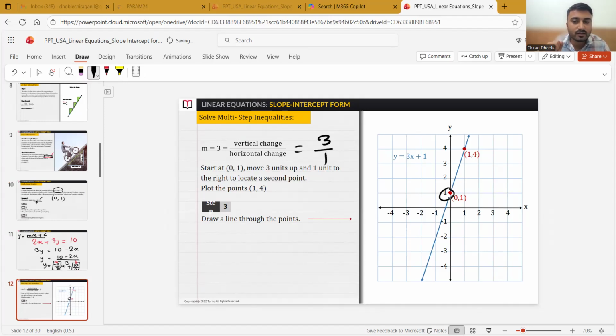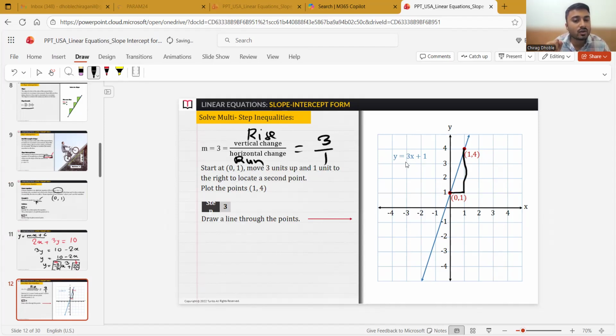So from this point (0, 1), I will move 1 unit to the right, that is the run, and 3 units vertical, that is the rise, because my slope is vertical change upon horizontal change, rise upon run, as we saw earlier.